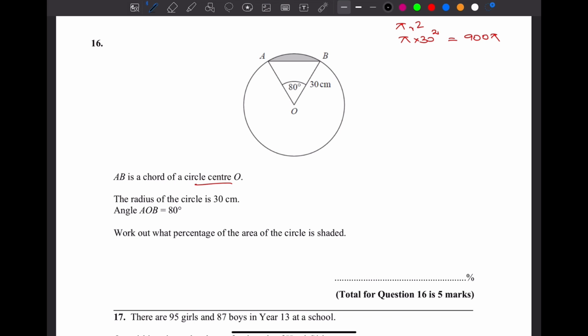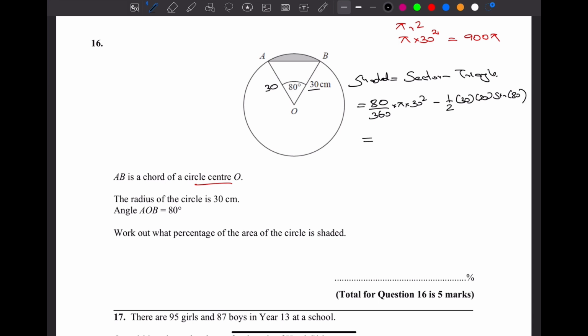Then the area of the shaded is the area of the sector, take away the triangle. The area of the sector is easy, 80 over 360 times pi times r squared, which is 30 squared, take away the area of the triangle. If this is 30, this is also 30. Remember the formula for the area of a triangle, half ab sine C. Half times 30 times 30 times sine of the angle, which is 80.